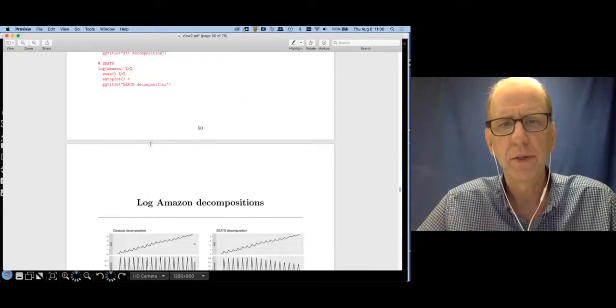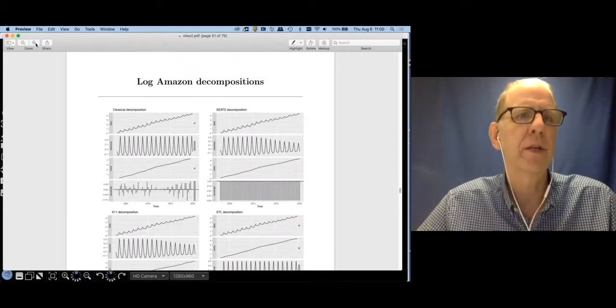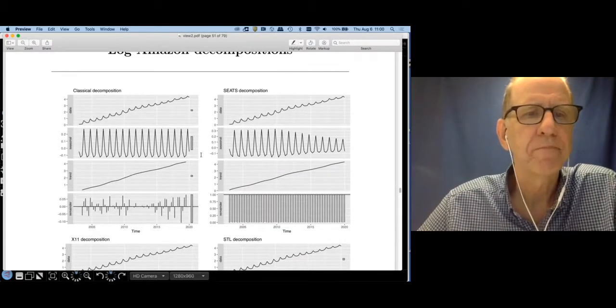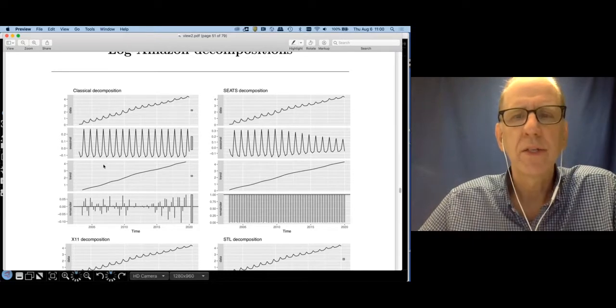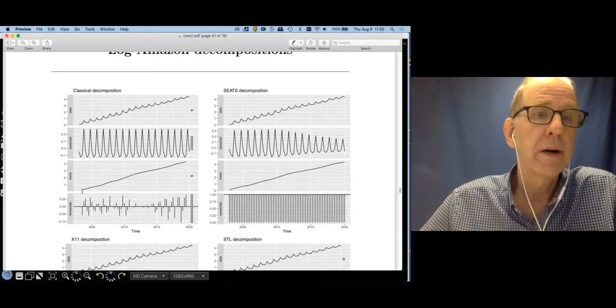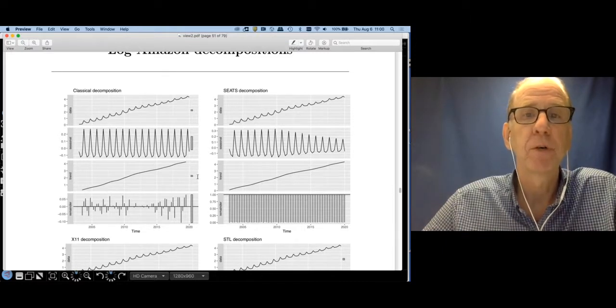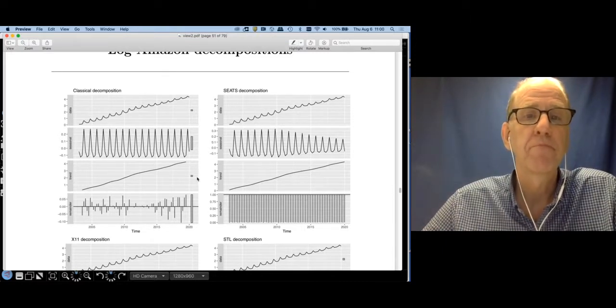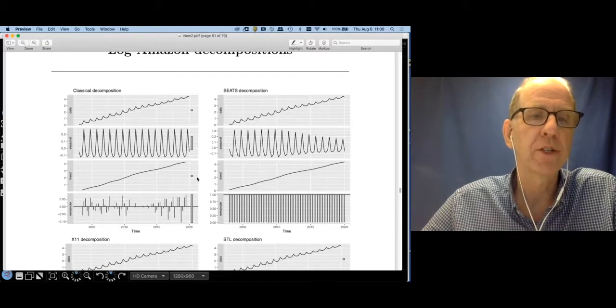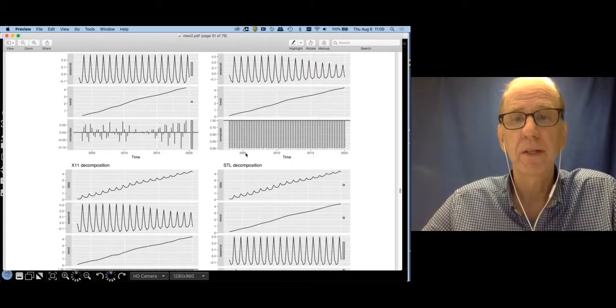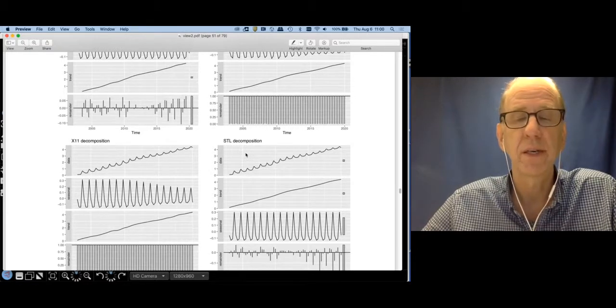You've got my R code here, and we've got the plots on the next page. One thing to note is that with the classical decomposition, we are not able to estimate the ends of the data, so those fall off. We lose 2 observations on either end. That's not the case with SEATS, X11, or STL.